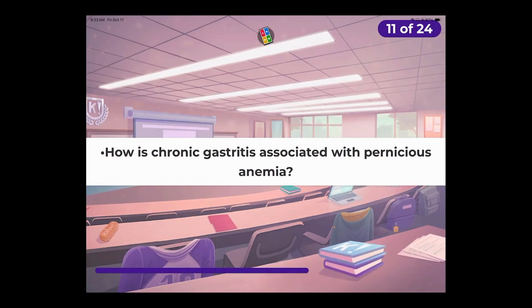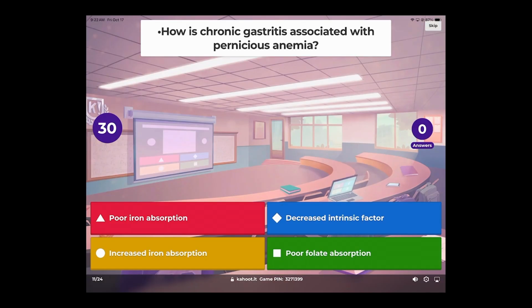How is chronic gastritis associated with pernicious anemia? What is pernicious anemia? B12.